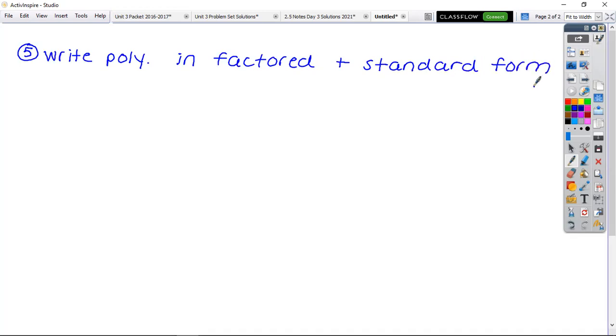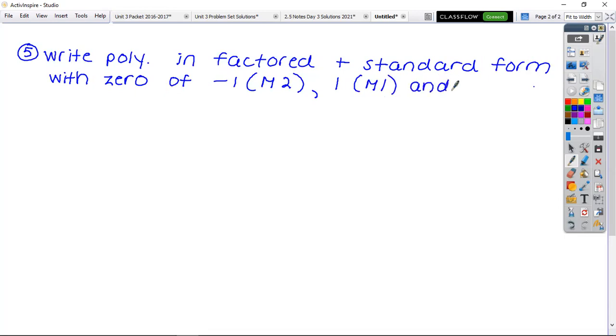With zeros of -1 with a multiplicity of 2, 1 with a multiplicity of 1, and 0 with a multiplicity of 1. Just like your homework.